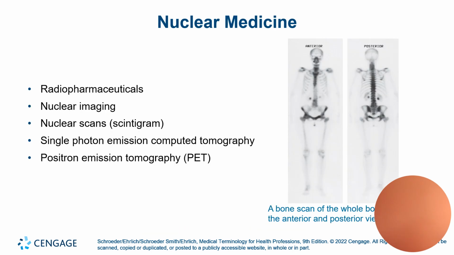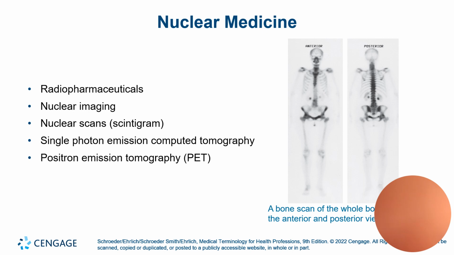Then we talk about nuclear medicine, where we use radiopharmaceuticals either for diagnostic or treatment purposes. It does contain radioactive materials called radioisotopes. That nuclear imaging contains radionuclide tracers or radioactive tracers.